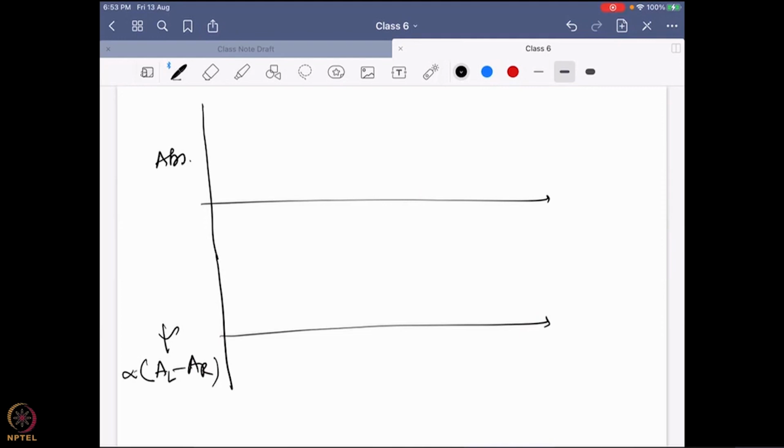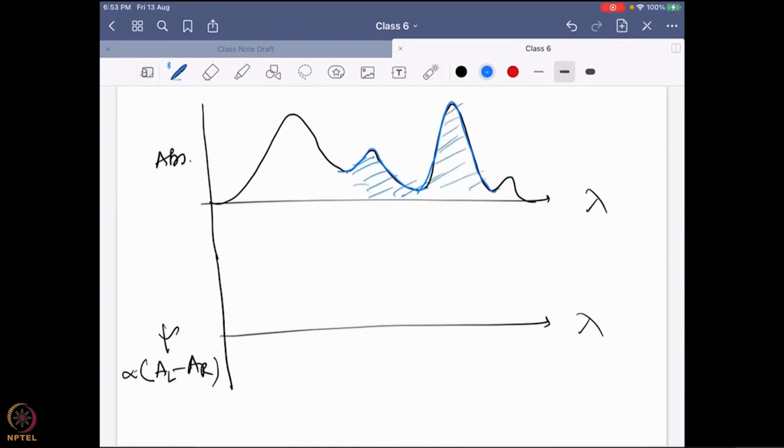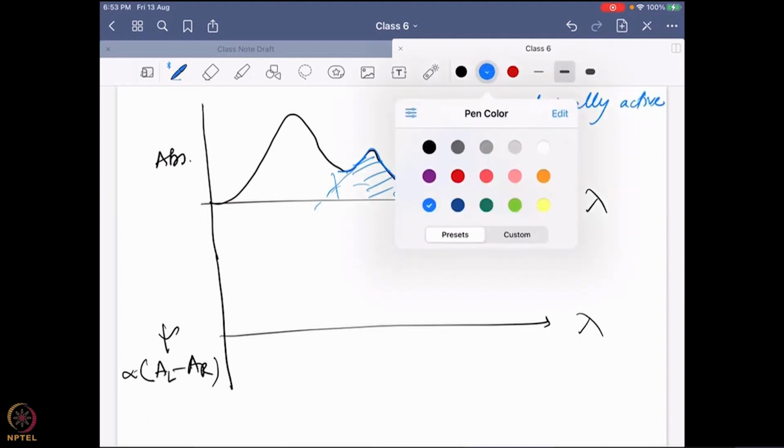So say I have an absorbance spectrum where I have 4 features like that, and it is quite possible that only 2 of them, this one and say this one, are actually connected to optically active molecules. These two features, and the rest of them are not. So how will the CD spectra look like?